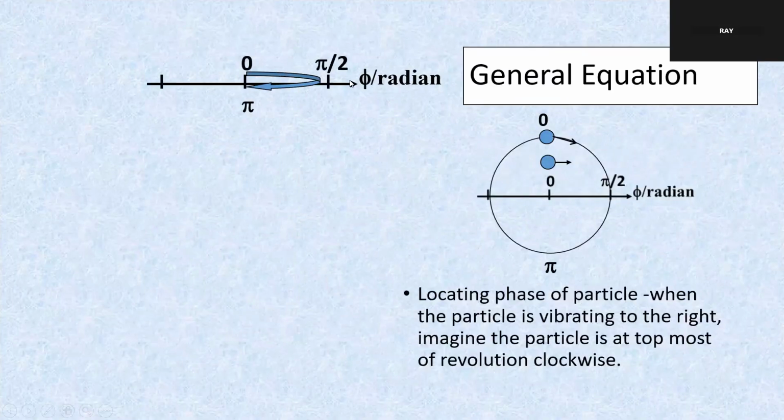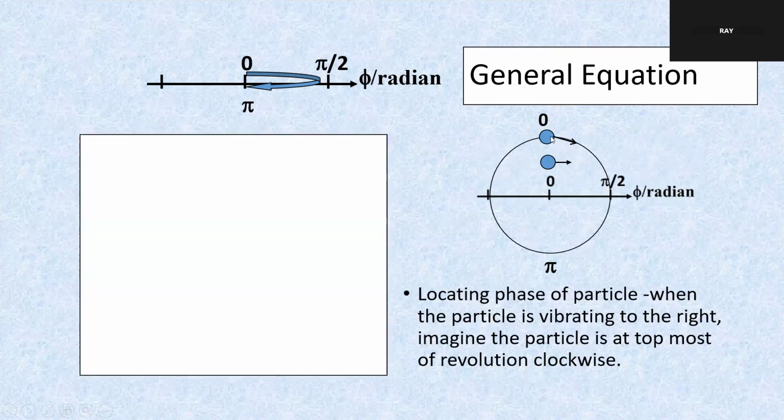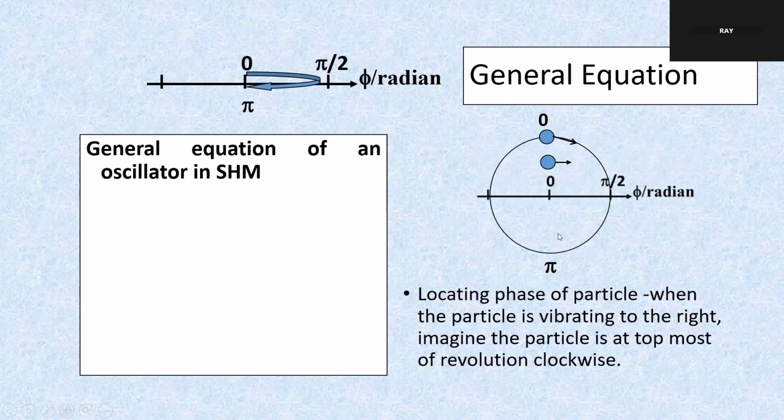Or you can think of it as the oscillator moving to the right in SHM, like a similar particle moving in circular motion. This is 0, this is pi over 2, this is pi, then this is 2 pi.